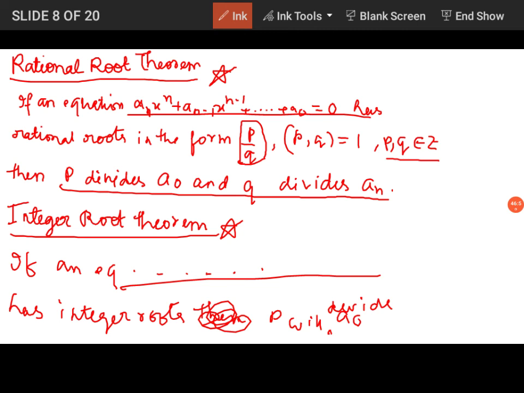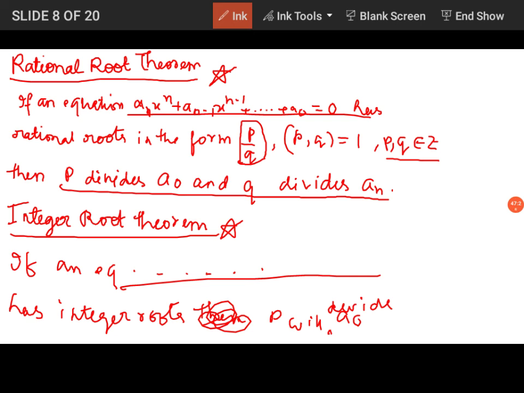Now from this theorem only another theorem comes, that is the integer root theorem. That is, if the equation has integer roots, then the roots will divide A naught, that is the constant of that equation. Very simple. Why? Because Q for the integer root theorem is 1, so the only possible way to define it is with P. We can only state the theorem for P, since Q has become 1, so it can divide any number.